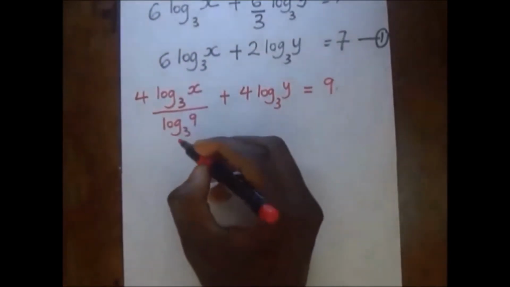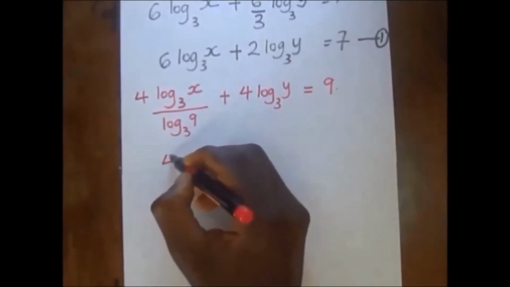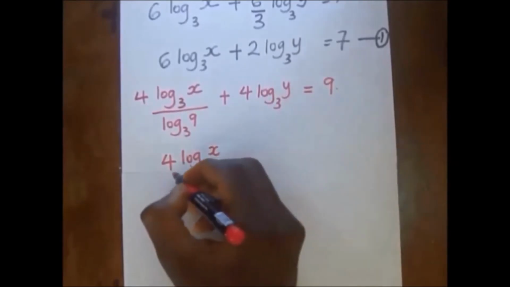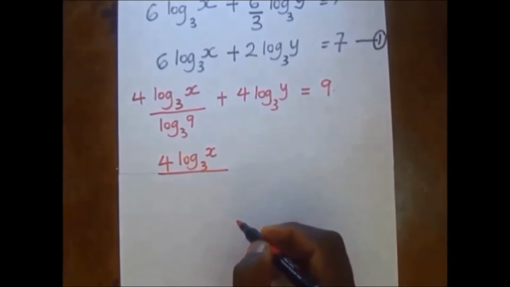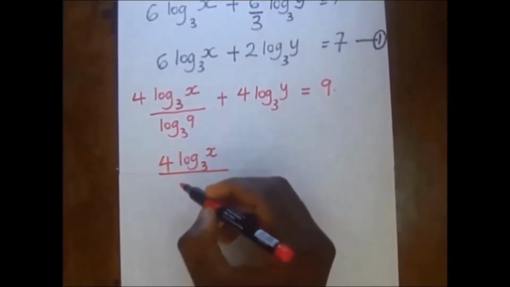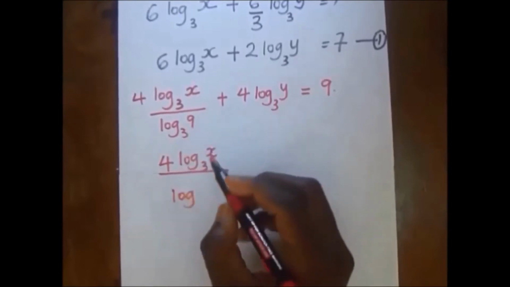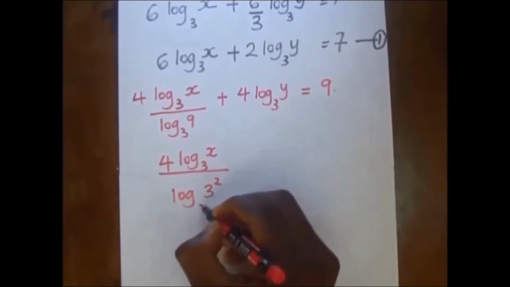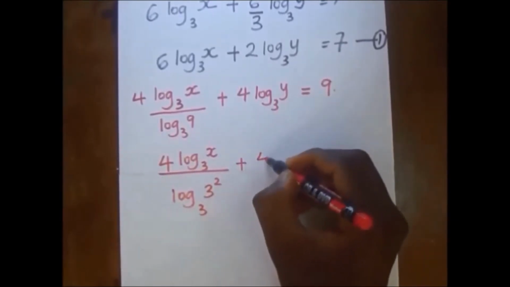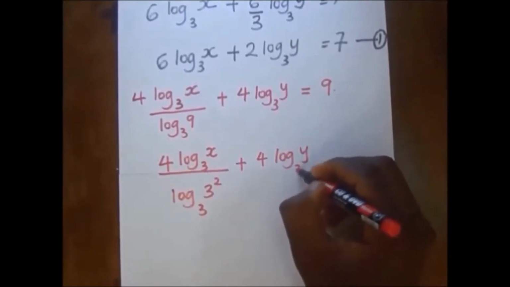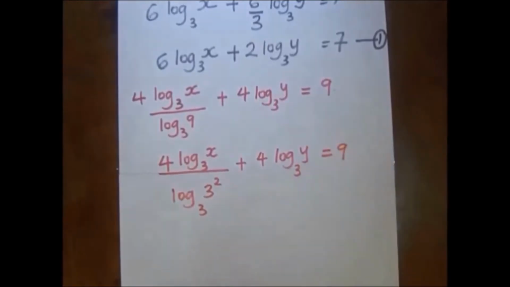So we proceed and say this is going to become 4 log x base 3, divided by log of 9, which is 3 squared, so it's log of 3 squared base 3, plus 4 the log of y base 3 equal to 9.